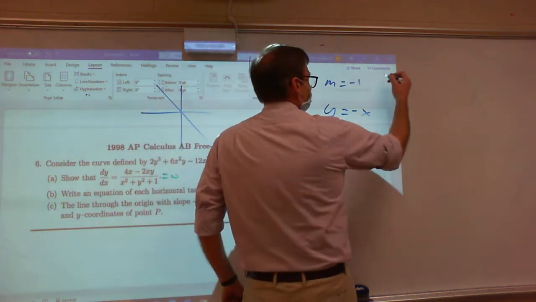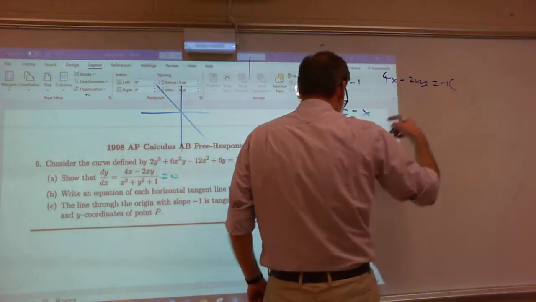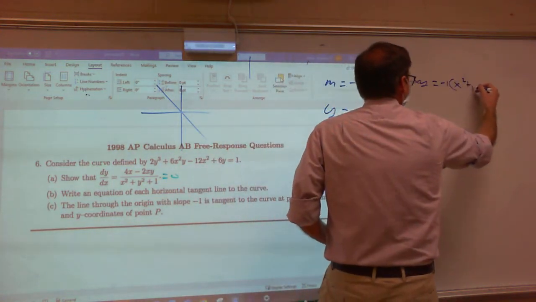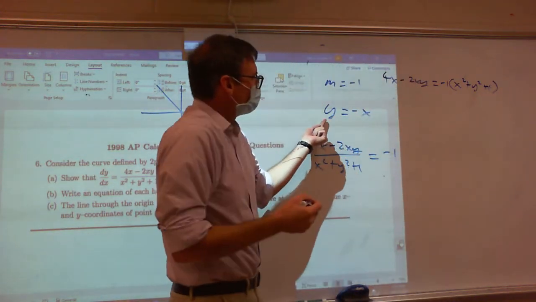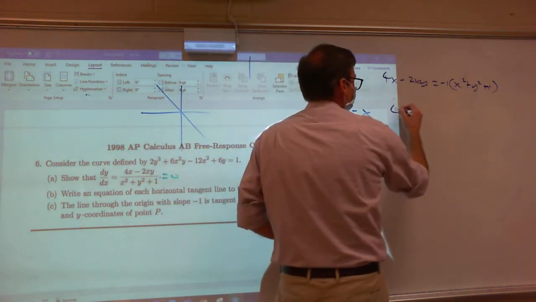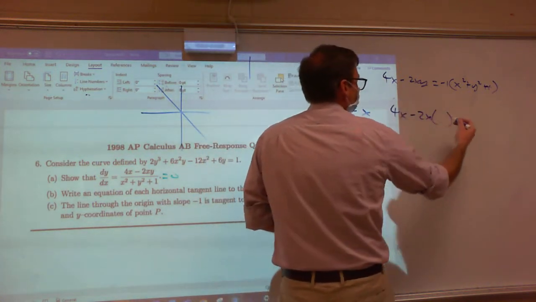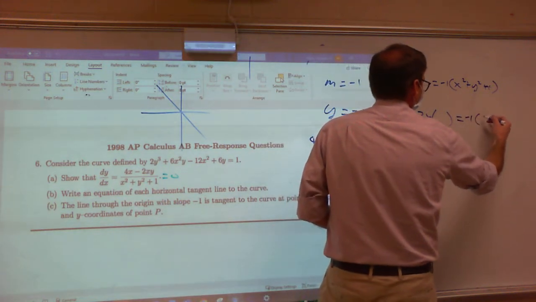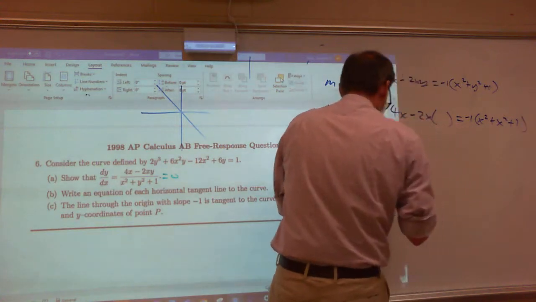That gives me 4x minus 2xy is equal to negative 1 times (x squared plus y squared plus 1). Where I see a y, I'm going to write negative x. So this gives me 4x minus 2x times negative x equals negative 1 times (x squared plus another x squared plus 1).